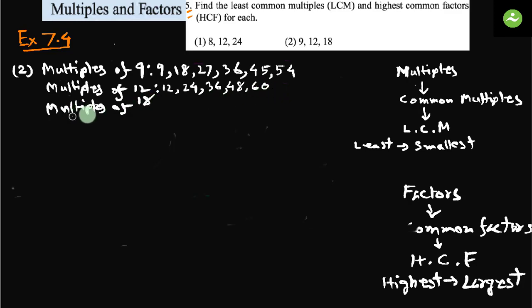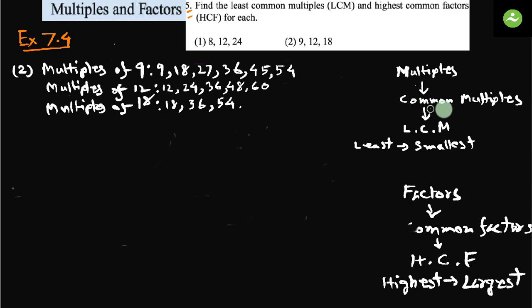Okay, stop here. Multiples of 18. 1 into 18, 18. 2 into 18, 36. 3 into 18, 54. Let us stop here.